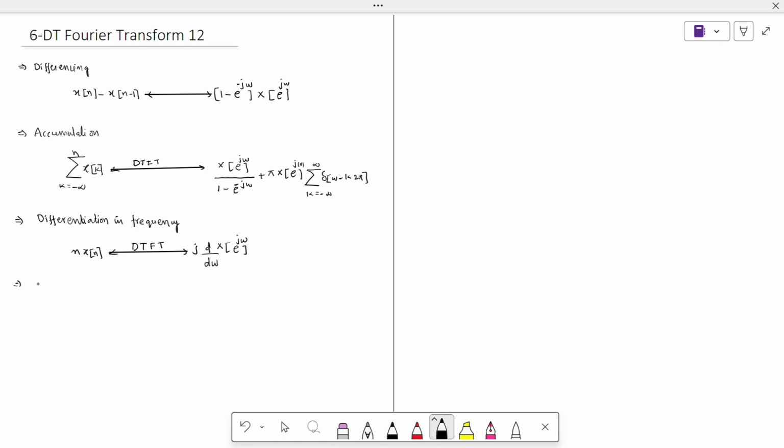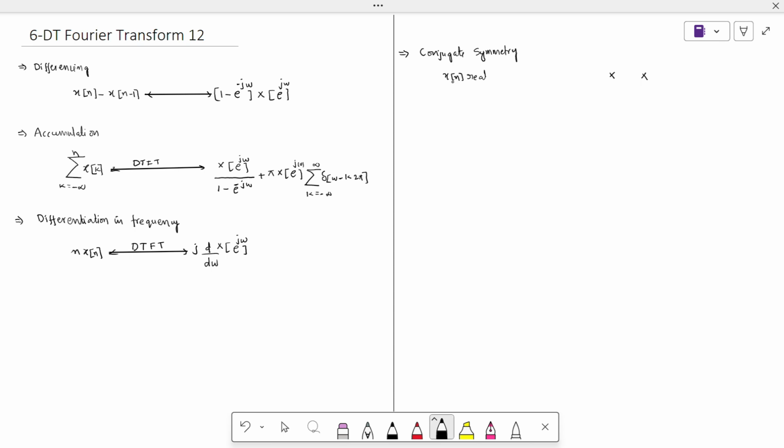The next one, conjugate symmetry. Here x of n is real.